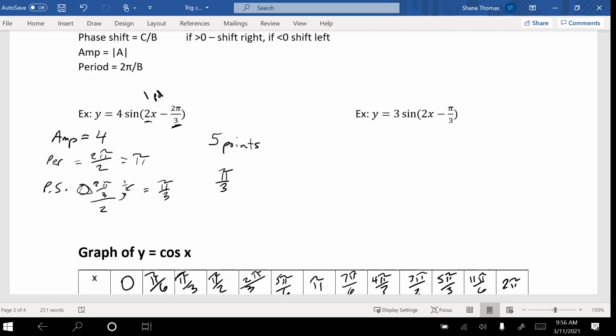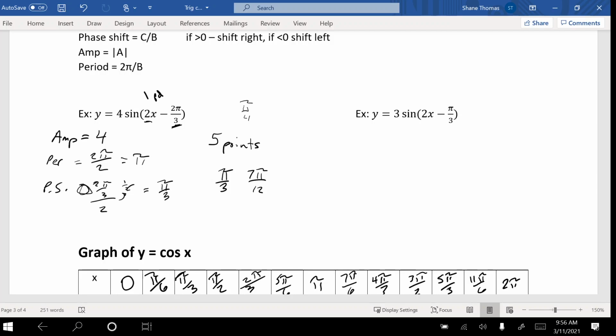And I have to go every quarter of a period. My period is pi, so a quarter is pi over 4. So I have to add pi over 4 on 4 times. So this is going to be over 12 now. Pi over 3 plus pi over 4 is 7 pi over 12.